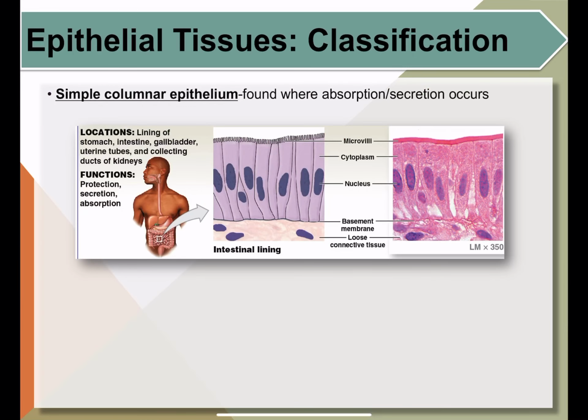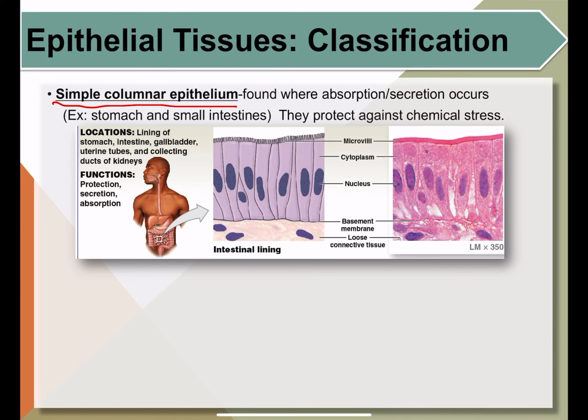All right, so then moving on to simple columnar epithelium. This is when you have a single layer of tall rectangular cells like this, just one layer of them. These are usually in locations where there are lots of secretions and absorption. And again, this is usually a slow process, okay?